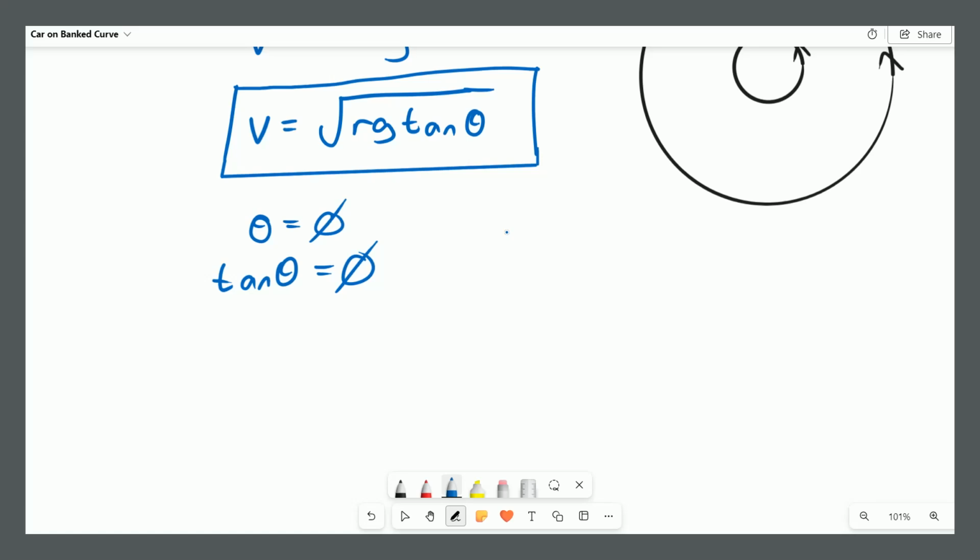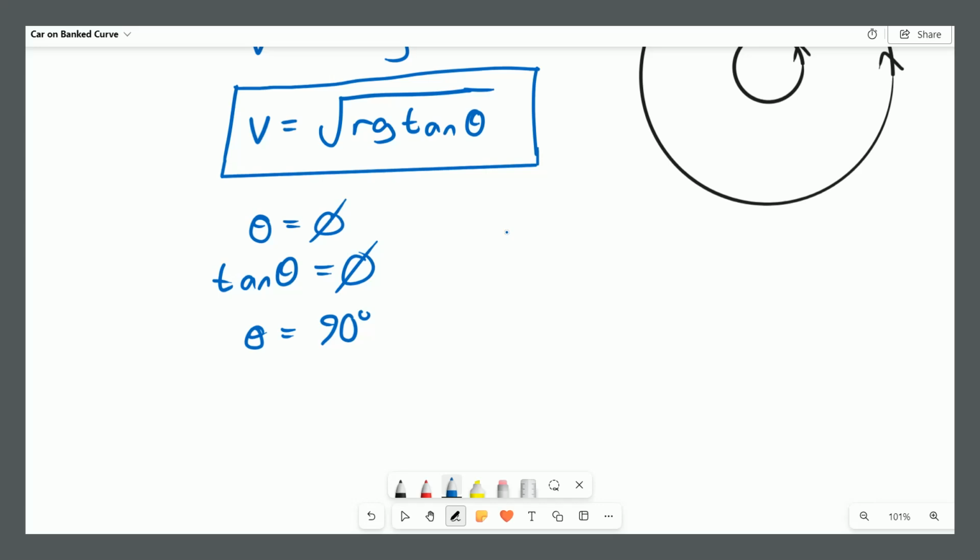There's no incline preventing you from spinning out. And that's true. If you have a horizontal curve, the only thing that's going to stop you from spinning out is friction. And in this analysis, we're not considering friction. So that makes sense.